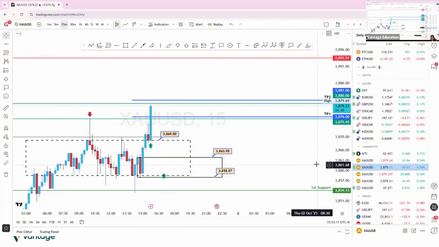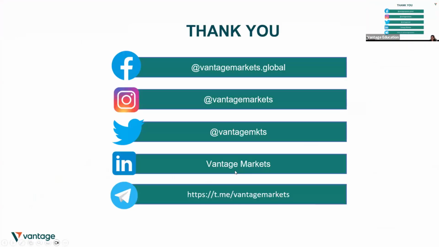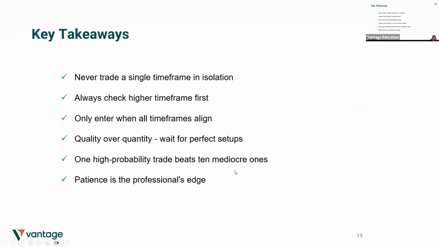All right, guys. So this is gonna be today. I'm gonna go back and summarize again. Key takeaway today: don't forget, never trade with a single time frame. You should have multiple time frames. Always check higher time frame first. Only enter when all time frames are aligned. Quality over quantity.